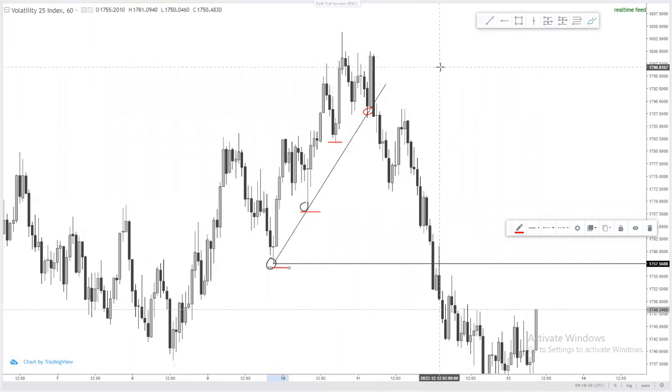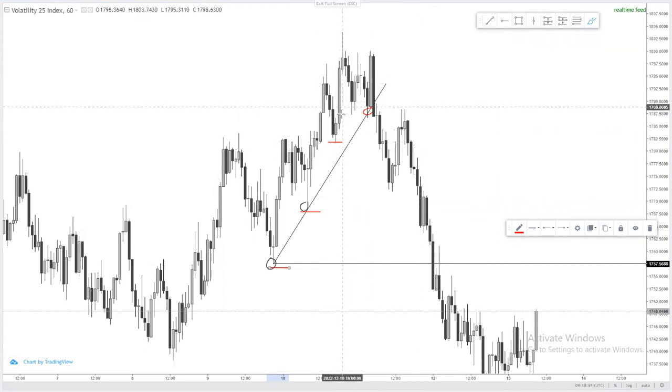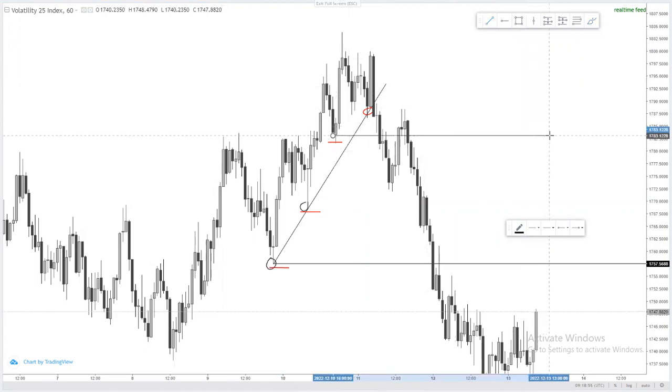But what you can do, the basic stuff, you could maybe look at these candles, and then you just take the low like that to the left, right? And then you wait for the market to come back, and then you can go short, right?